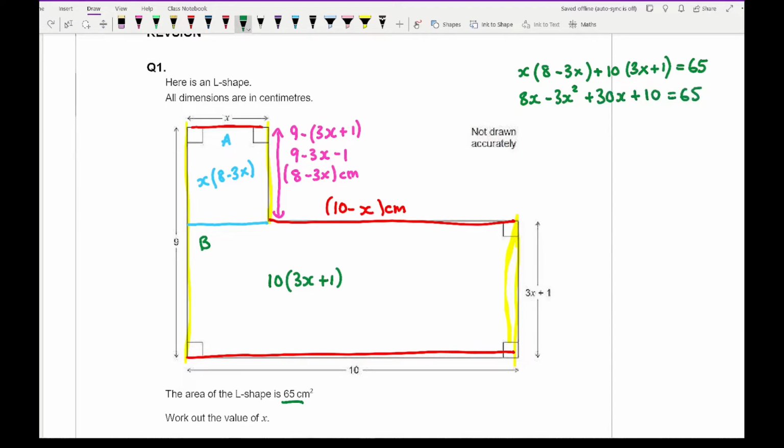And then if I neaten all of this up, I end up with 3x squared plus 38x plus 10 equals 65. Now you can see that slowly this is now looking like a quadratic equation.